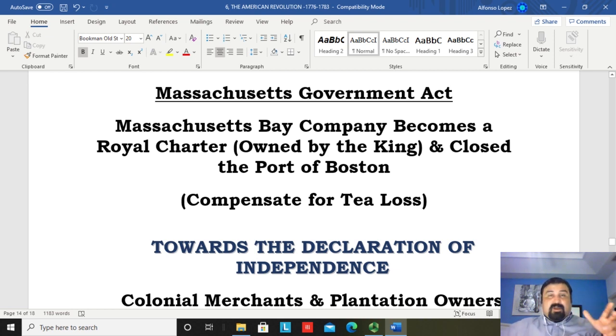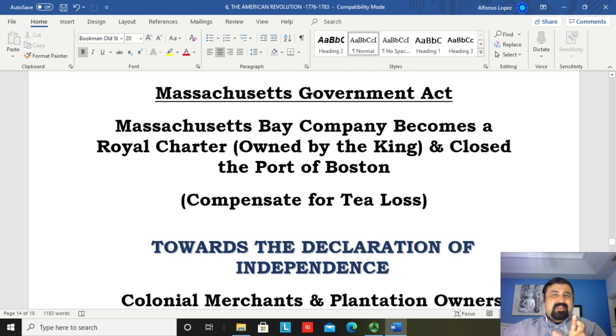The institution of private property has now become vulnerable to the King's decision to simply seize the property, if you will, of certain individuals, like the Sons of Liberty, for example.